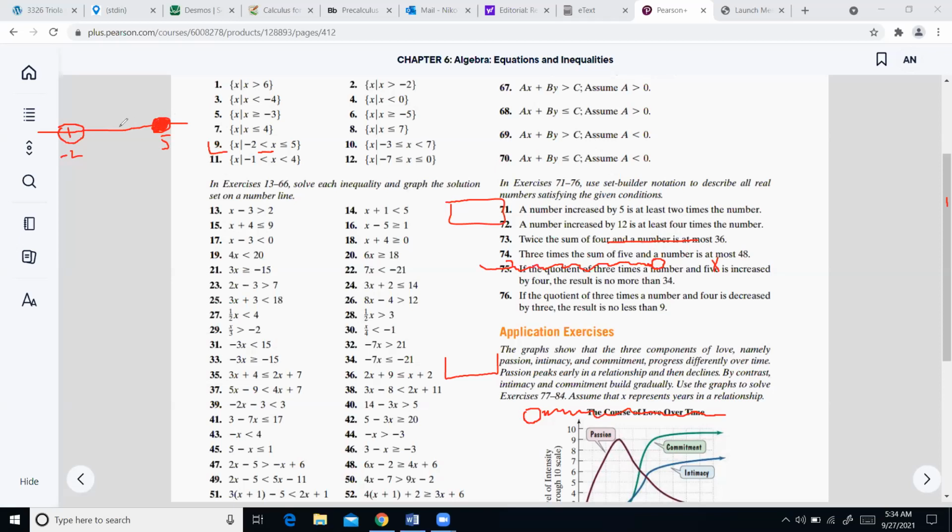So 5 is included. And then everything in between, so I just highlight the part of the line in between -2 and 5. That'd be the solution for this little exercise, actually the graph, because the exercise is already solved. All I had to do was graph.